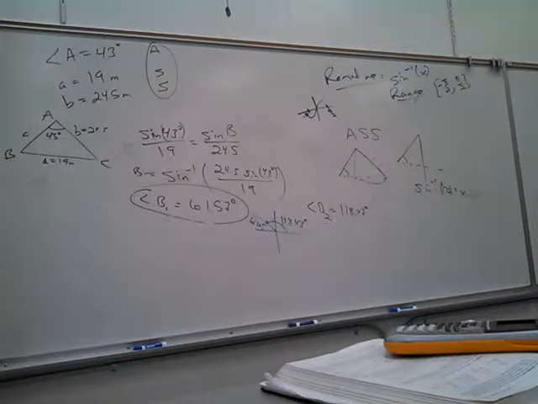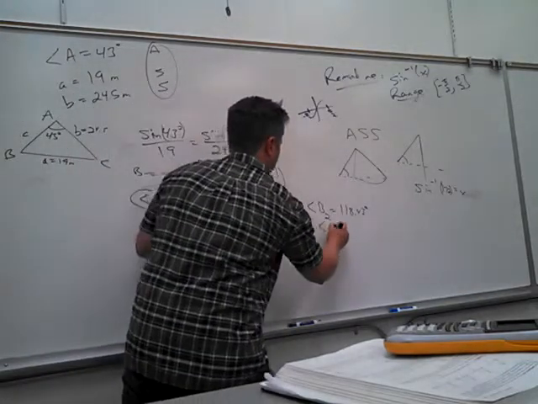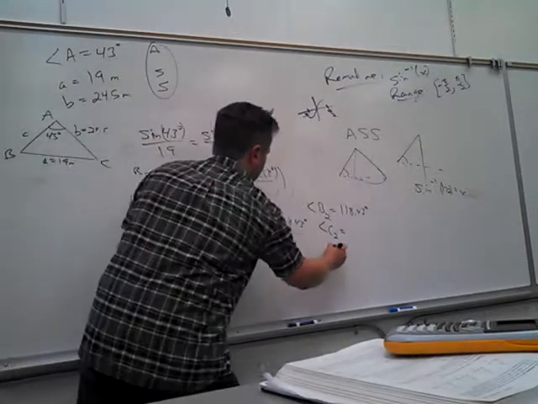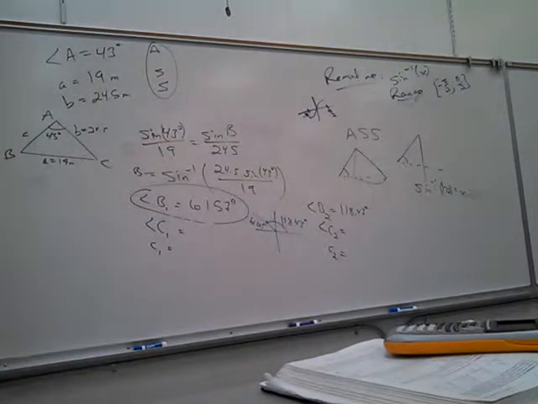In both situations, what do I not know yet? Yeah, side C and angle C. You with me? So then I can say angle C1 would be what, and angle C2 would be what, and then I have to figure out side C1 and side C2. So it really shouldn't be that difficult to organize yourself. Number one, check to make sure there's another answer, and number two, if there is, make sure you get all the answers for both separately.